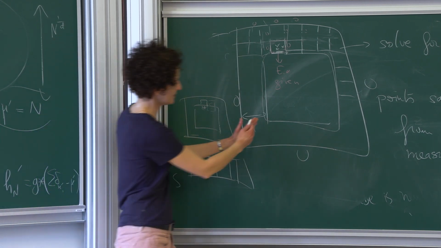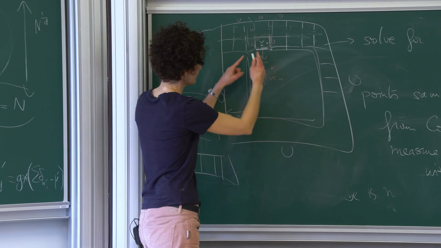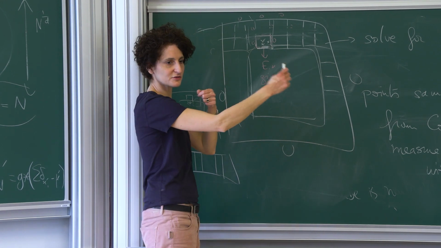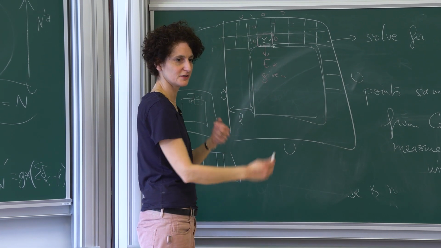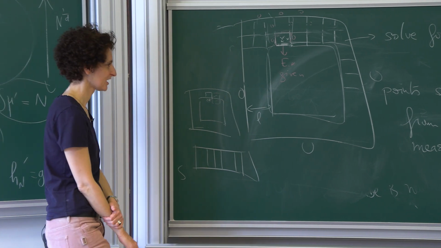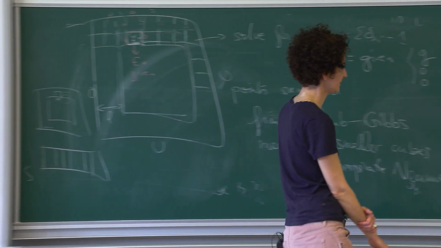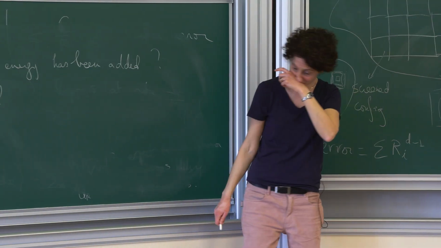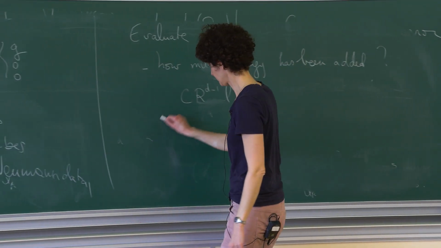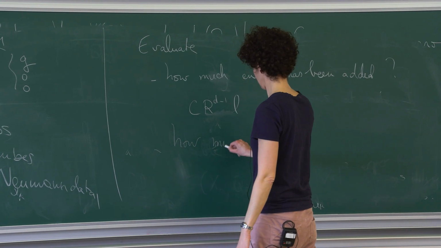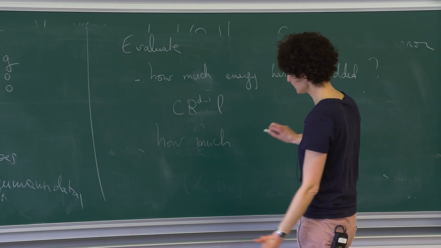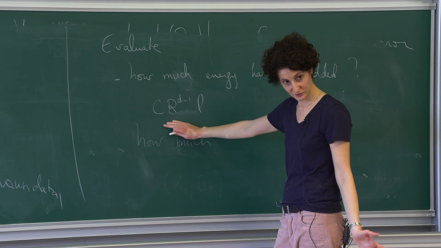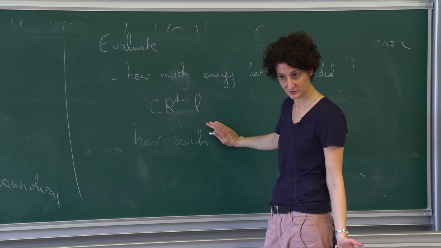But you see, that's why you need these scales to be quite large, because you want that finding an integer doesn't take you too long, relative to. Okay, so you evaluate how much energy has been added, and you will see that it's essentially this sort of boundary layer cost.